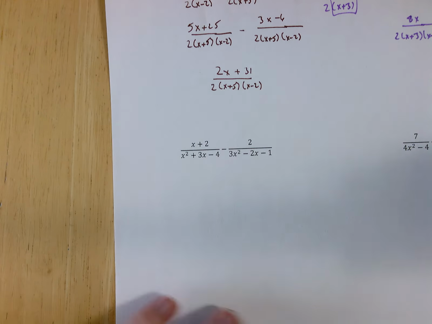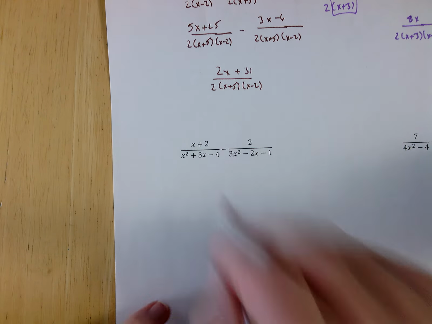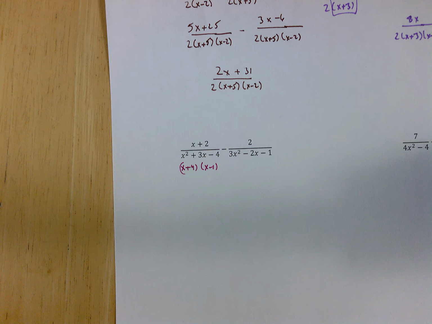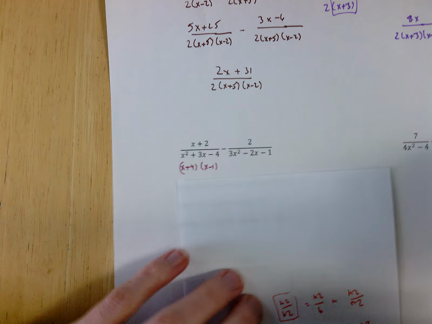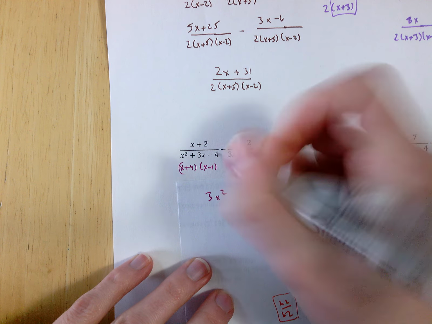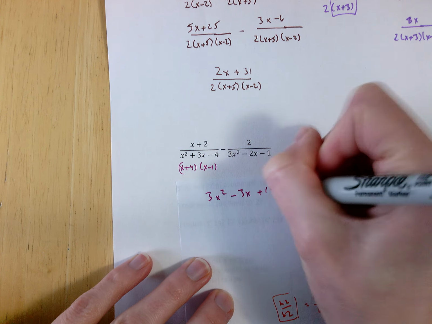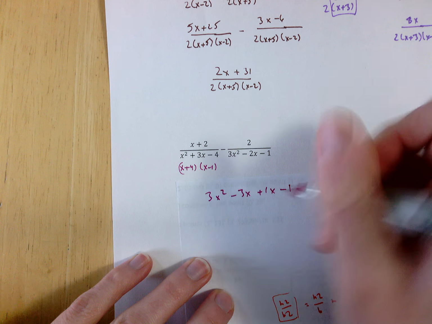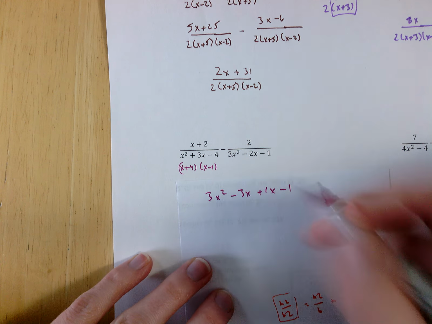All right, so this guy, factoring this, 2 things that multiply to negative 4 and add to 3 would be positive 4 and negative 1. This guy, I'm going to do some scratch work. So 3 times negative 1 is negative 3. So 2 things that multiply to negative 3 and add to negative 2.